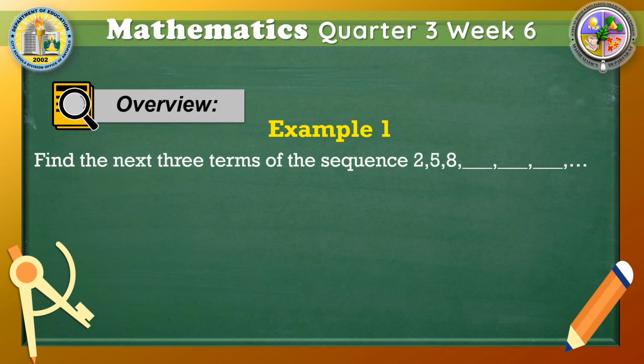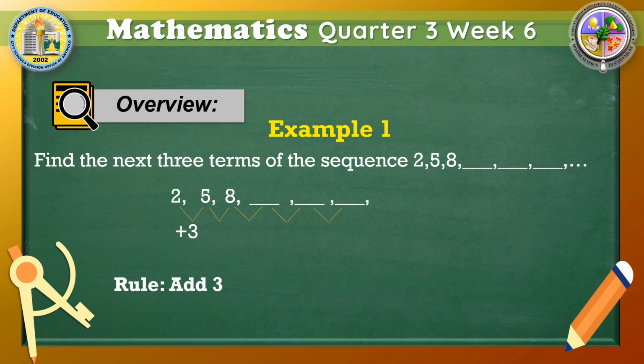Example number 1. Find the next 3 terms of the sequence 2, 5, 8. Can you find the pattern used? Yes, the rule here is add 3. Solution: 2 plus 3 equals 5. 5 plus 3 equals 8. 8 plus 3 equals 11. 11 plus 3 equals 14.